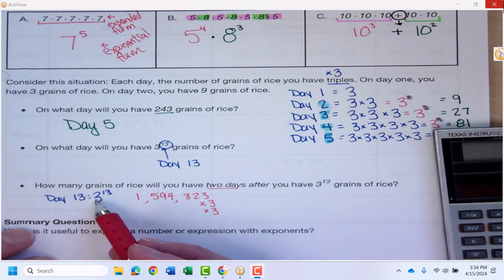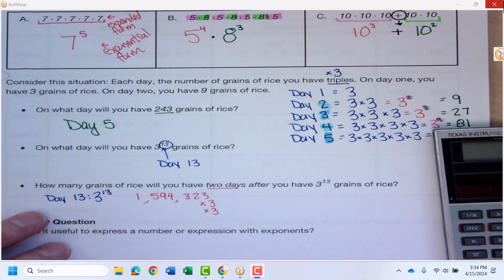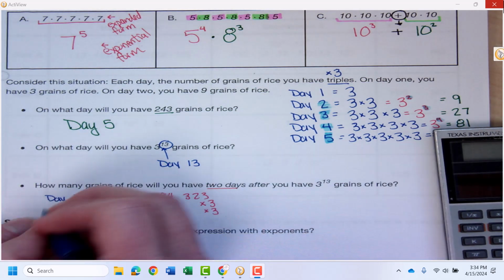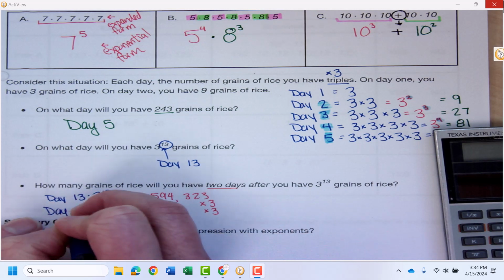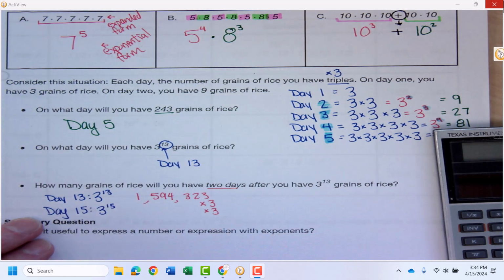So I have 3 used as a factor 13 times, and then 14 times, and then 15 times, because each day we're multiplying by 3 again. So 2 days after, on day 15, I'll have 3 to the 15th power.